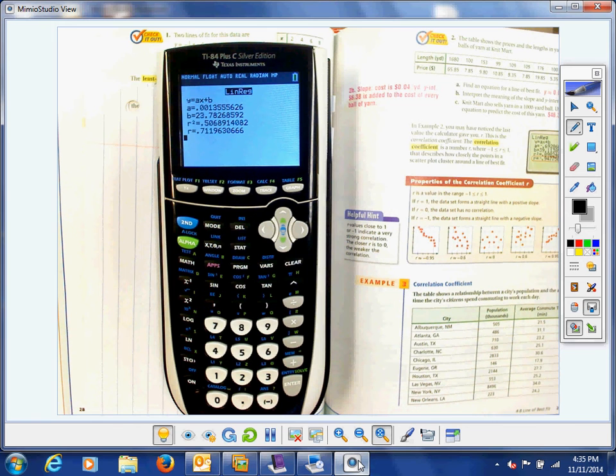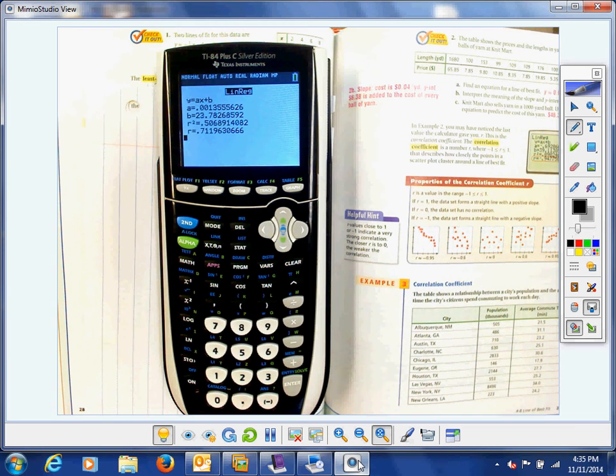Let's round that to 2 decimal places. I'm going to go out quite a few, I think, because of the zeros, just for accuracy. And B, I'm just going to go ahead and round B to 23.78. And R is about 0.711.